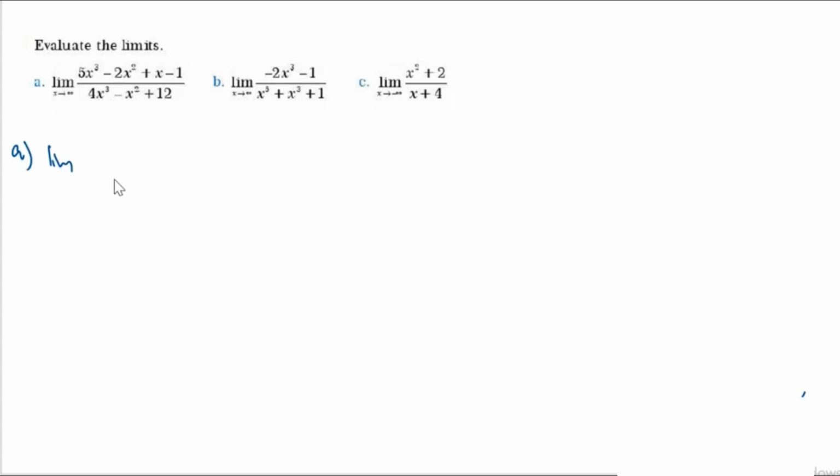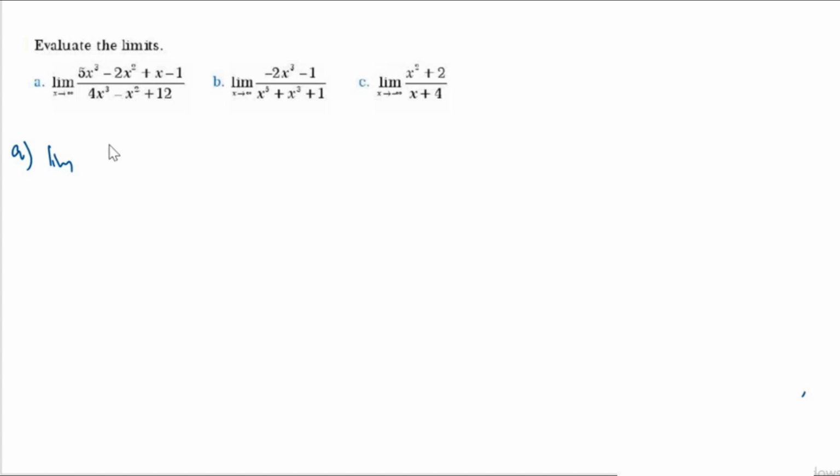To evaluate the limits for this kind of problem, we are first going to identify the highest power. Then, whatever the highest power is, you are going to divide each term by it, or multiply by 1 over the highest exponent.